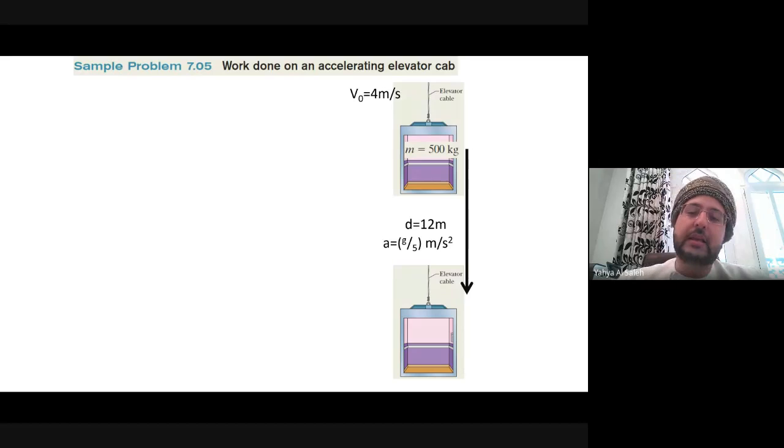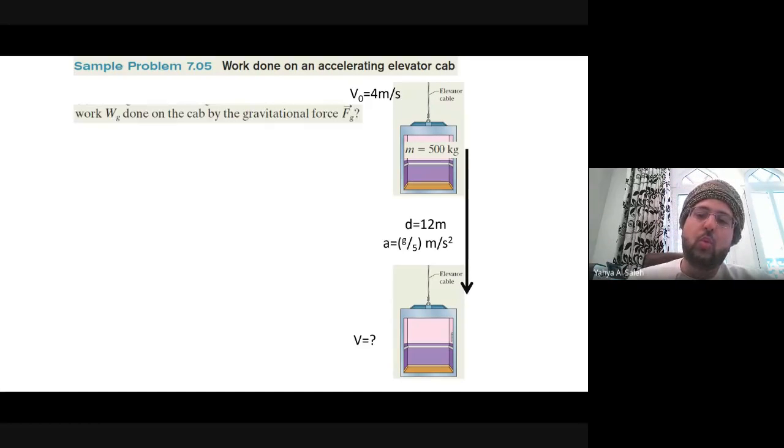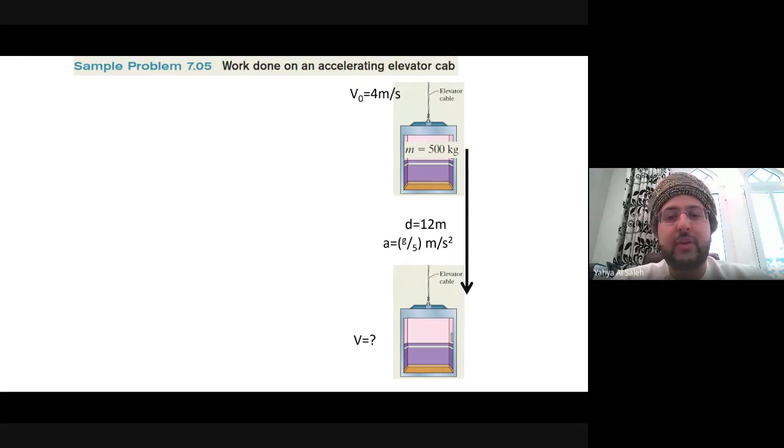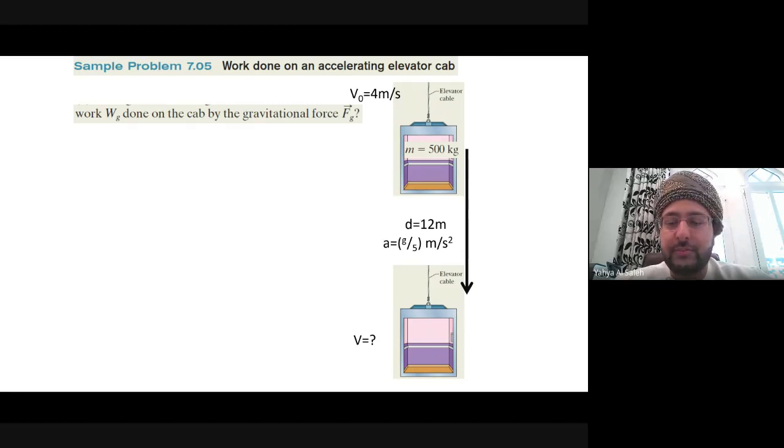In a distance of 12 meters and an acceleration of g over 5 meters per second squared, what is its final velocity? Well, that's not difficult. We have our kinematic equations. But the question is, what is the work done on the cab by the gravitational force Fg?